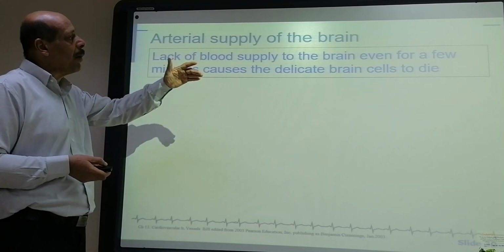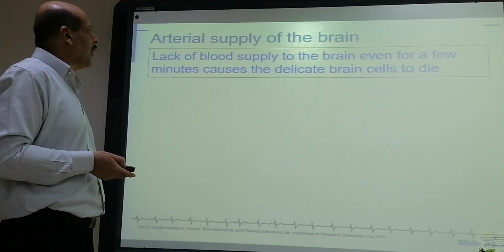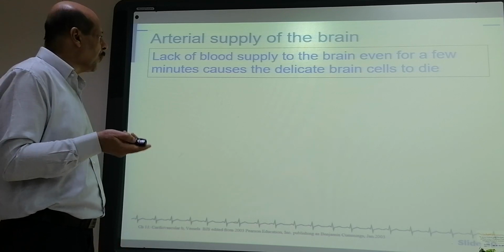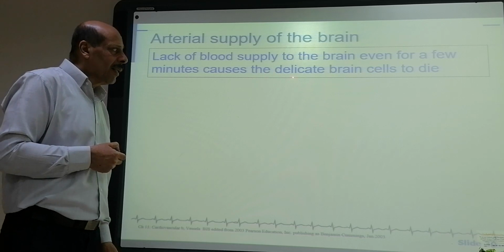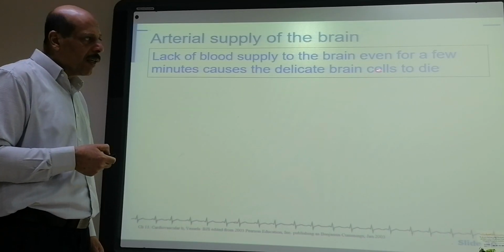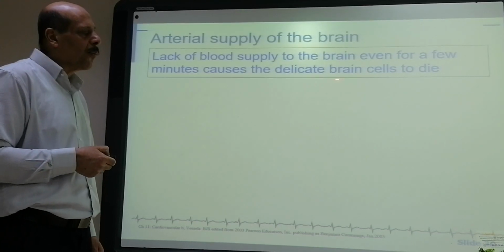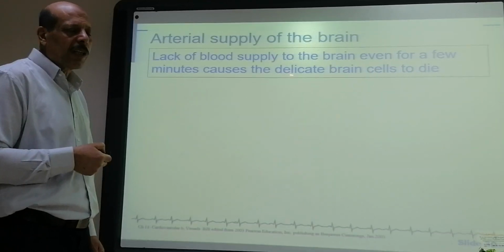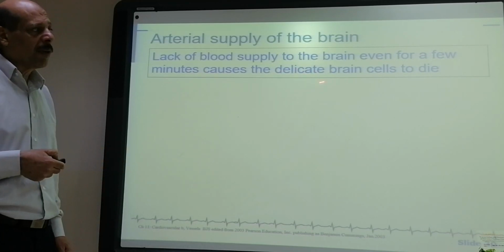The arterial supply of the brain, as we said: if there is a lack of blood supply to the brain, even for a few minutes, it will cause the delicate brain cells to die. Within a few minutes, the brain cells will deteriorate and become necrotic, and lose their function if the blood supply becomes low.